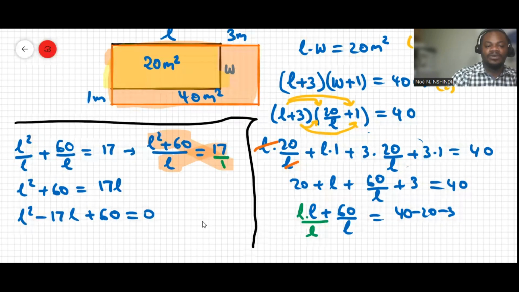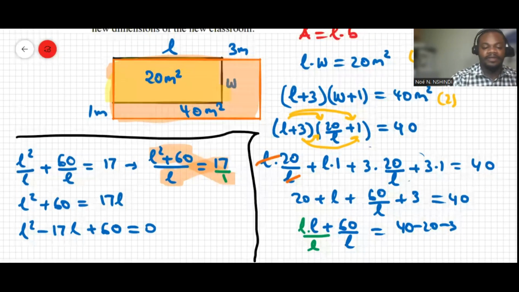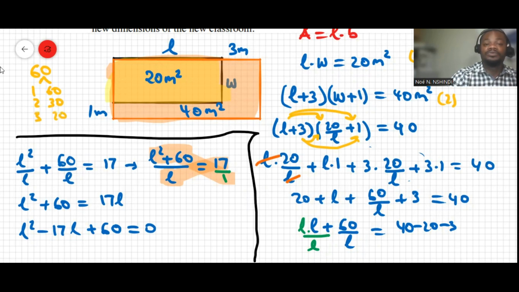Okay, we can do our factors here. So if I do 60, the factors of 60 are like 1 and 60, 2 and 30, 3 and 20. We can continue, but I prefer to stop here because with 3 and 20 I can make 17.